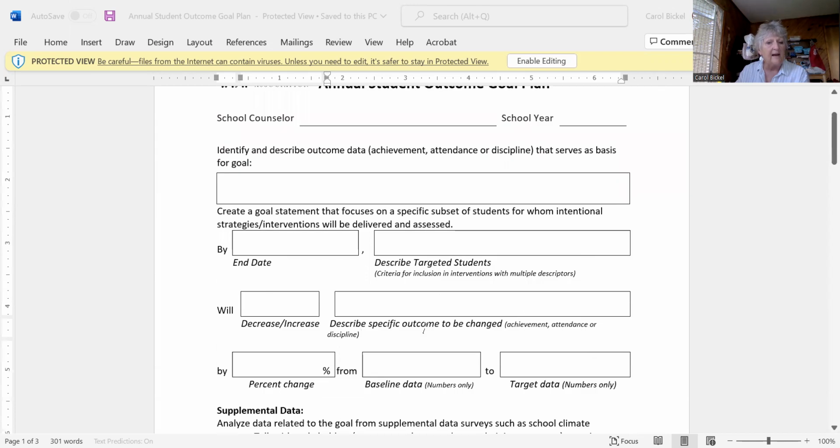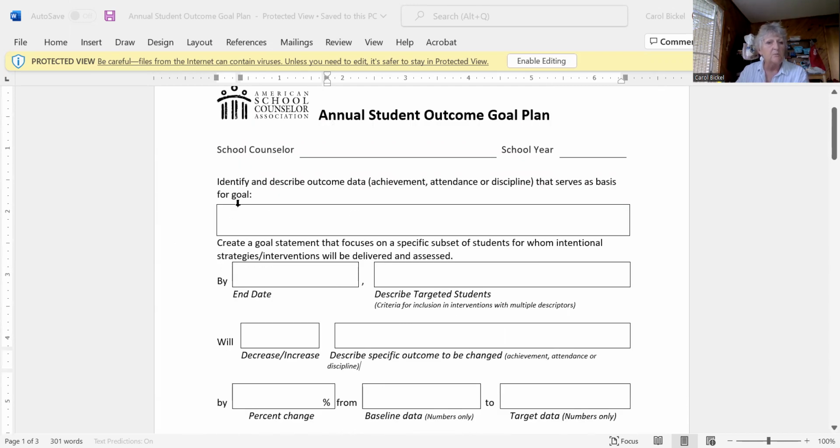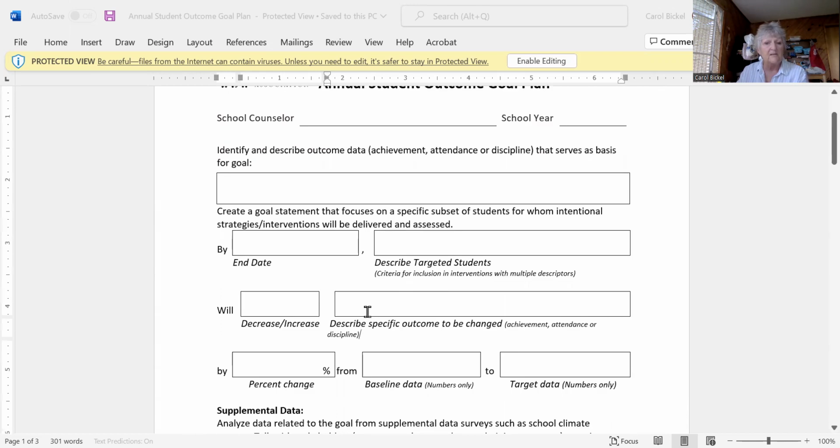And then below that, you'll say by, whether it's 10%, 20%, whatever, from, and your baseline data goes back to what you wrote in here. That's 93 9th graders.